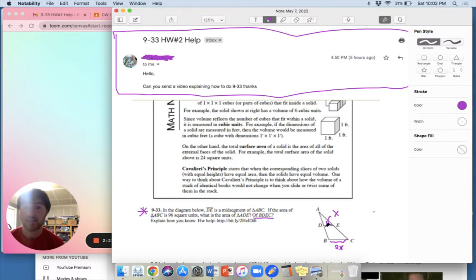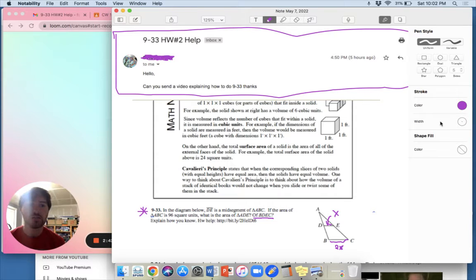Remember, point D is a midpoint, so I know that AD is half the length of AB by the midpoint theorem. I also know that AE is half the length of AC. So I could have proven that this top triangle is similar to the larger triangle down here, and they're in a 1:2 linear scale factor ratio.